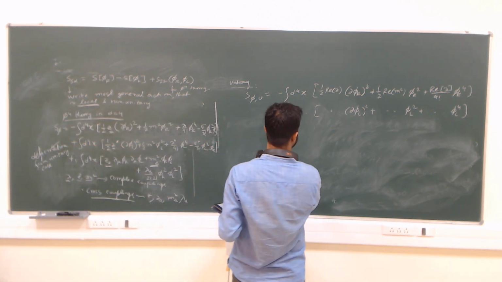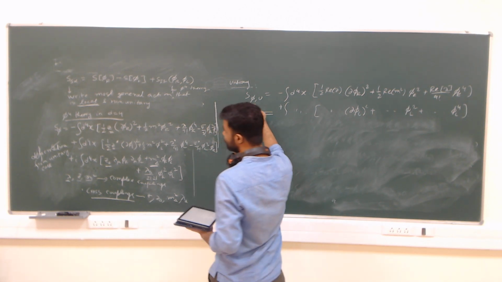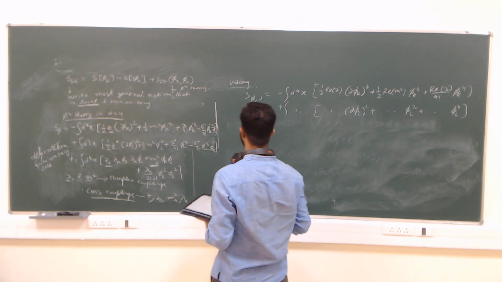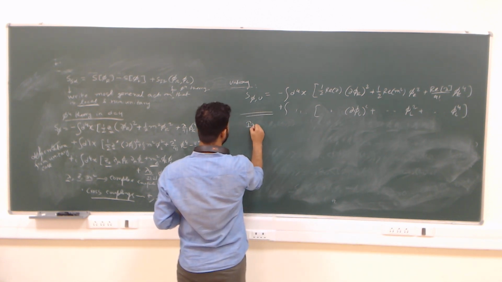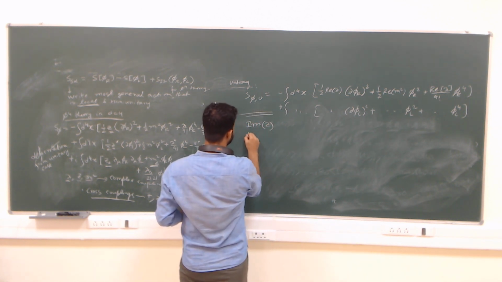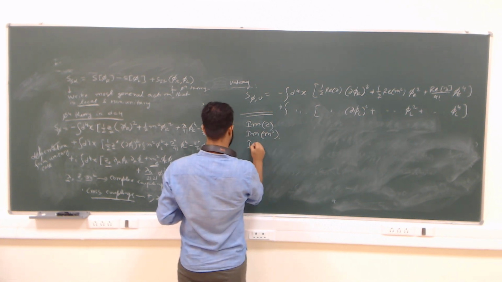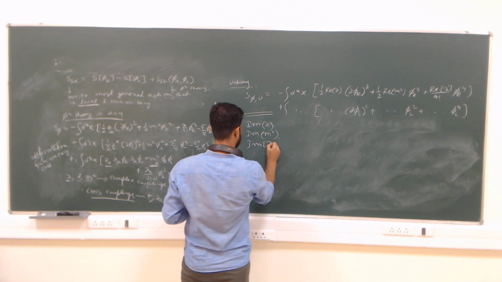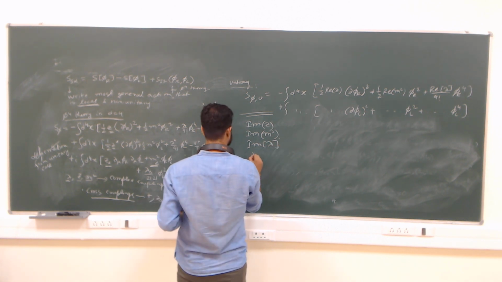So in fact, when I now think of going from this unitary theory to that non-unitary theory, the full list of couplings will be this one. Then the cross couplings.